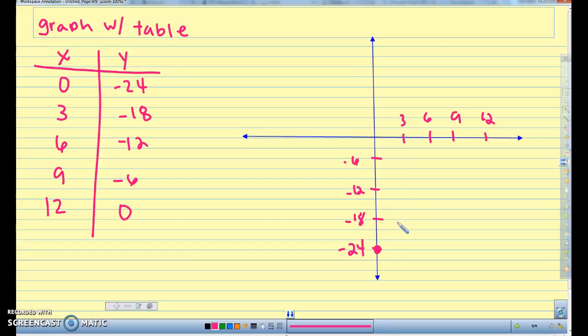When x is 3, y is -18. When x is 6, y is -12. When x is 9, y is -6. And when x is 12, y is 0. And I can go ahead and draw my line through those given points. And again, not the best drawer ever here. That's okay.